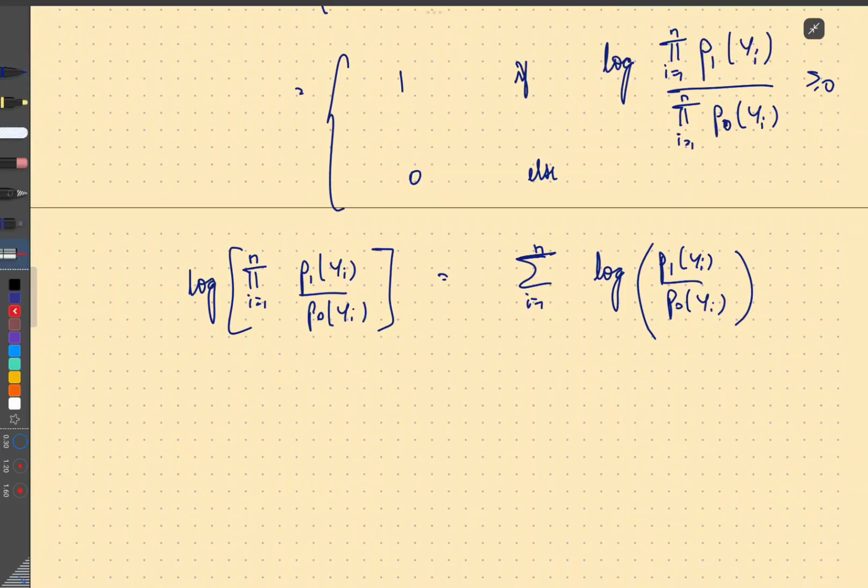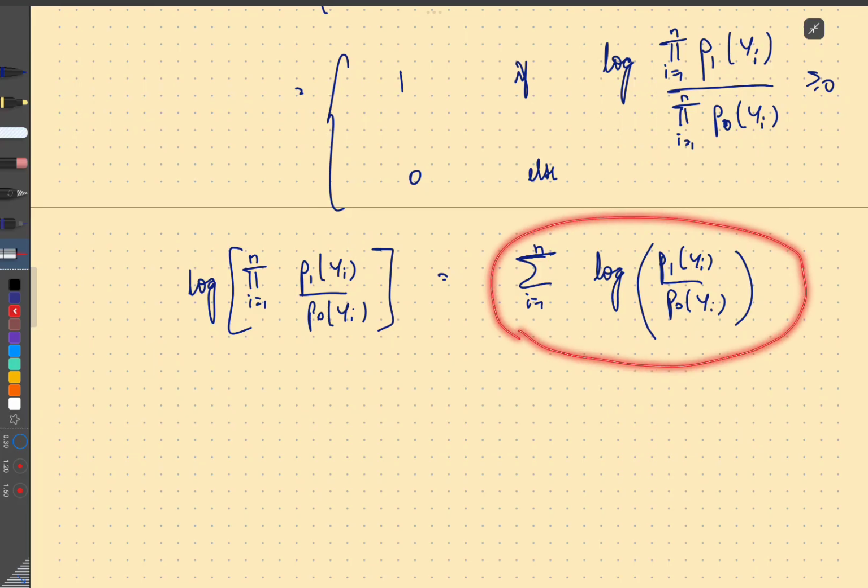This is nice because this effectively is a sum of random variables. And under the assumption that we are in, let's say, hypothesis 0 or hypothesis 1, so conditioned on the actual hypothesis, this is a sum of IID random variables.